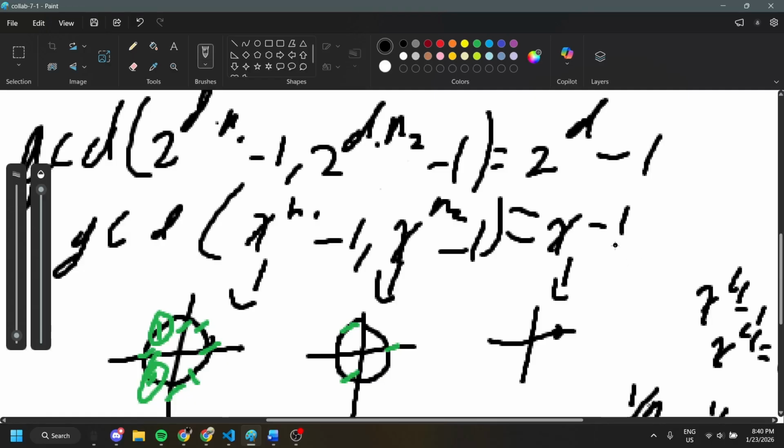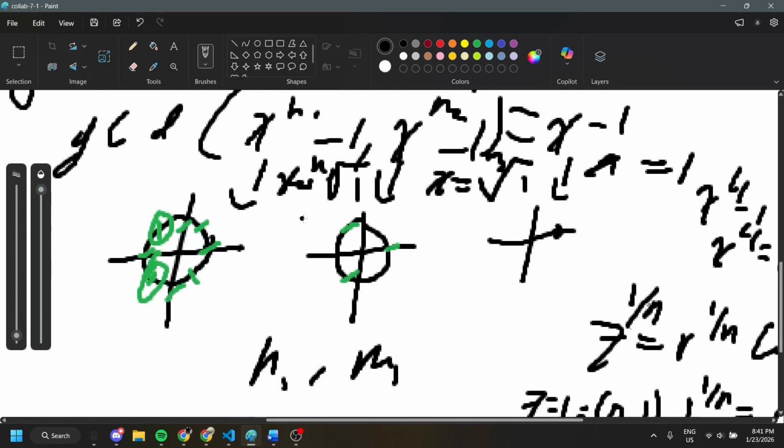Because if we come here, this is defined by the fact that x is equal to 1. Here x is equal to the n2th root of 1, x is equal to the n1th root of 1. So these are these expressions. So we are showing that they're only equal at 1, which is this.